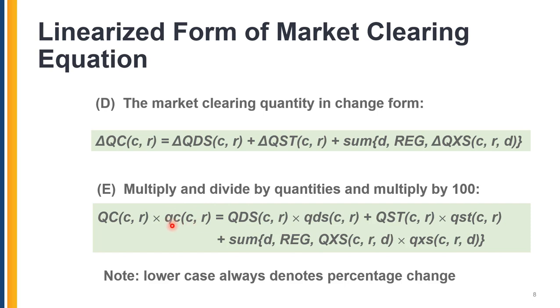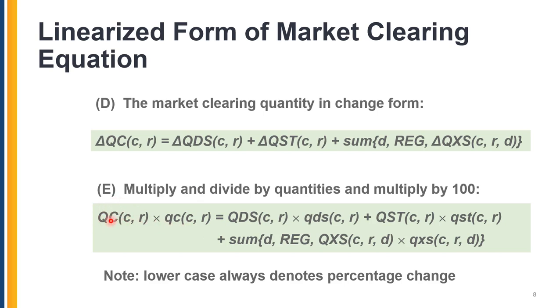So this now is the percentage change in the quantity sold, the percentage change in domestic purchases, the percentage change in transport, and the percentage change in exports by region. These percentage changes are all valid, since they're each delta QC or delta QDS divided by their own levels. You multiply by 100 to make a percentage change.